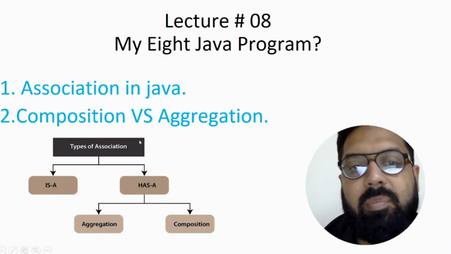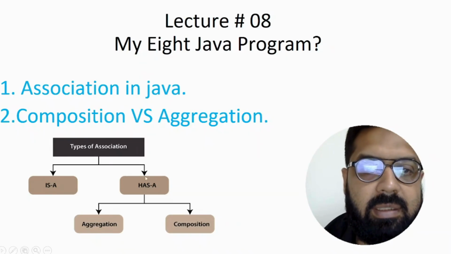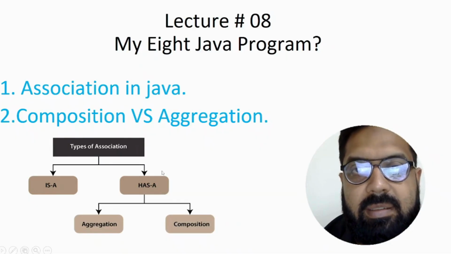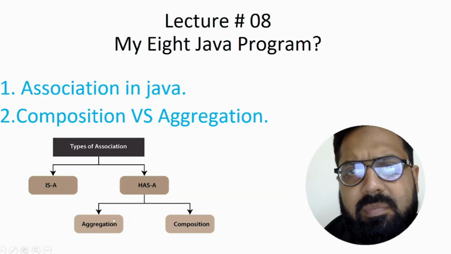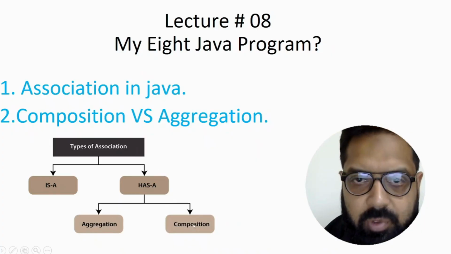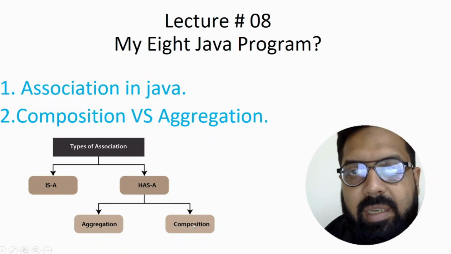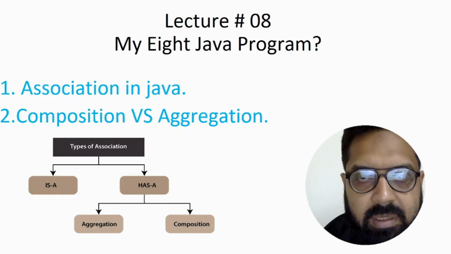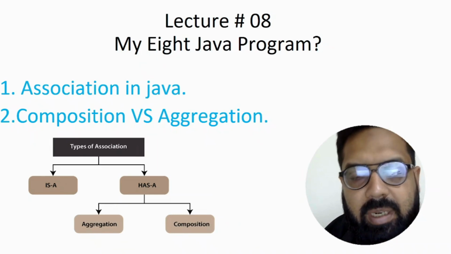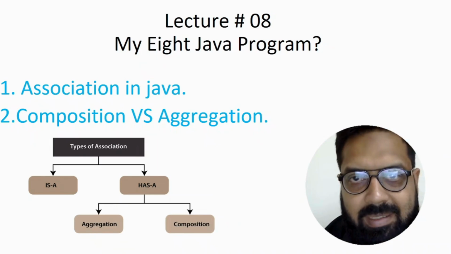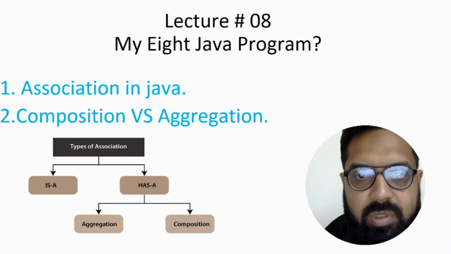There is another type of association that is categorized into two types. First is the aggregation and second one is the composition. So generally association is a concept that is further categorized into two subtypes, aggregation and composition.